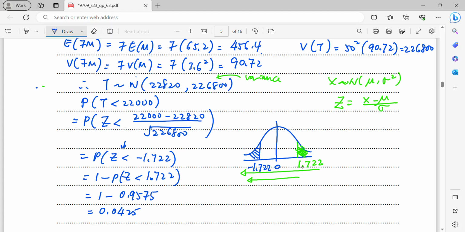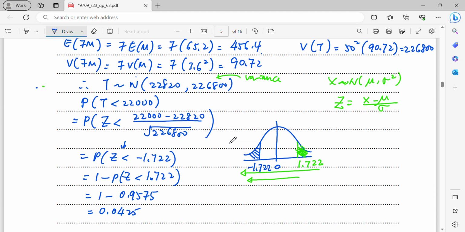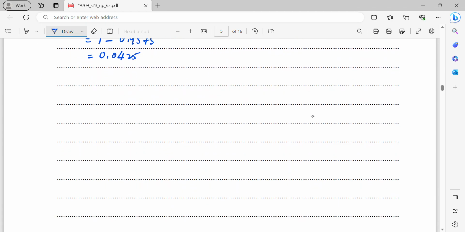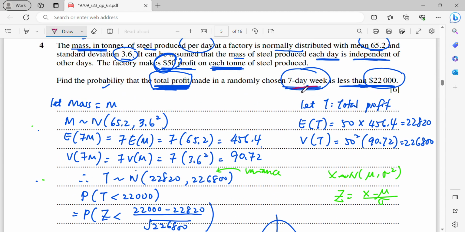And I have told you that this is the first method, because I'm using the profit to calculate the probability. Now, the second method: I can just change all to the mass. We know that we are considering 7 days. So instead of using this total profit, I can convert it to how many tons in the mass.